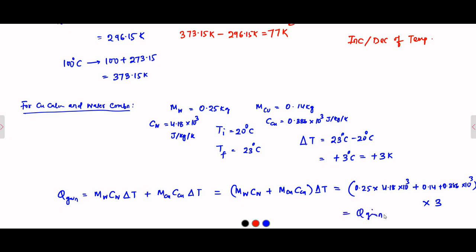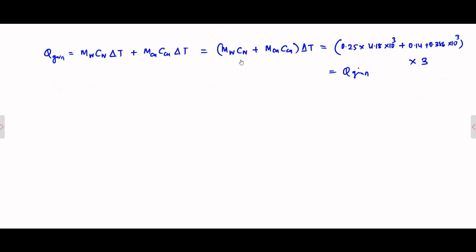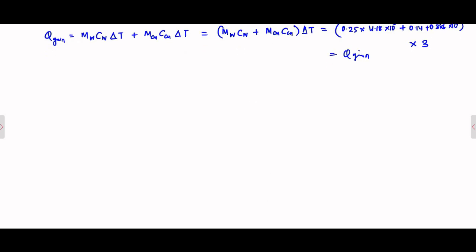Okay. Now, according to the principle of calorimetry, the heat lost by the aluminium sphere will be the same as the heat gained by the water and copper calorimeter combination.